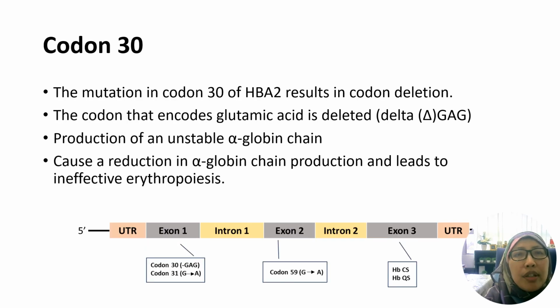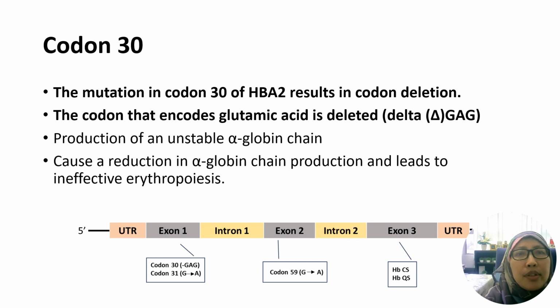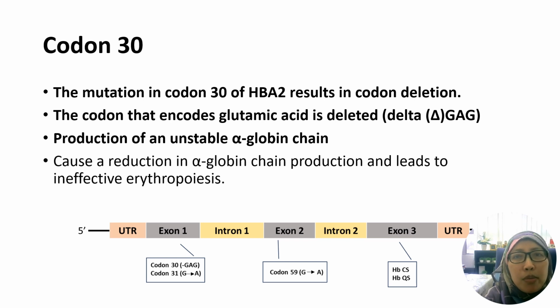The mutation in codon 30 of HBA2 results in codon deletion. The codon that encodes glutamic acid is deleted, hence the alpha-globin proteins will be produced with 140 amino acids instead of 141. So this will lead to the production of an unstable alpha-globin chain, which eventually results in RBC destruction.